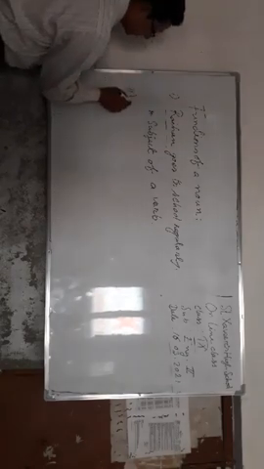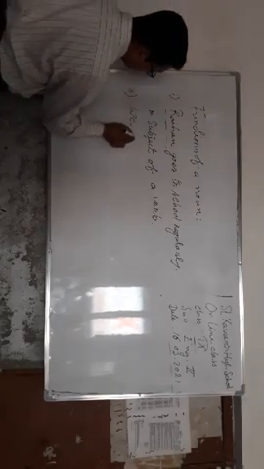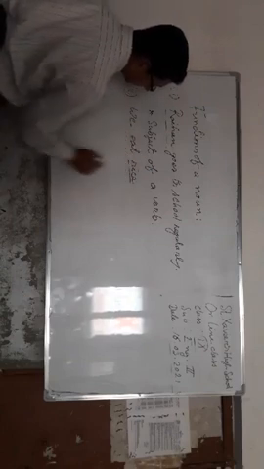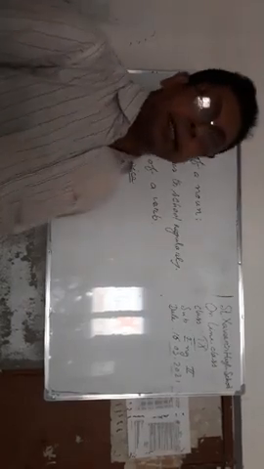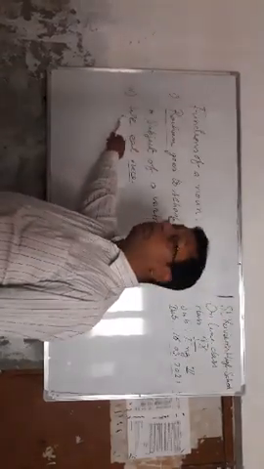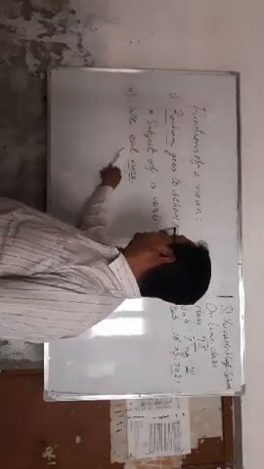Number two: we eat rice. Here we can see that we is the subject, we is a pronoun, eat is a verb, and rice is an object.